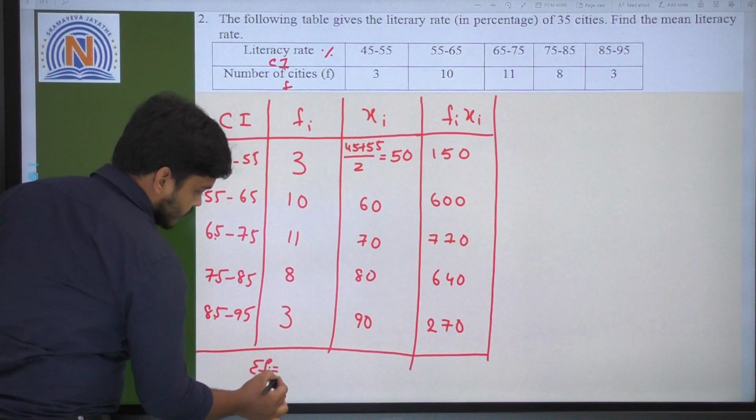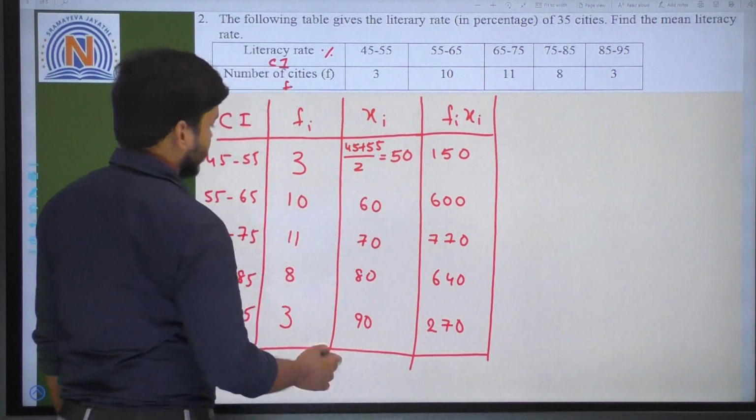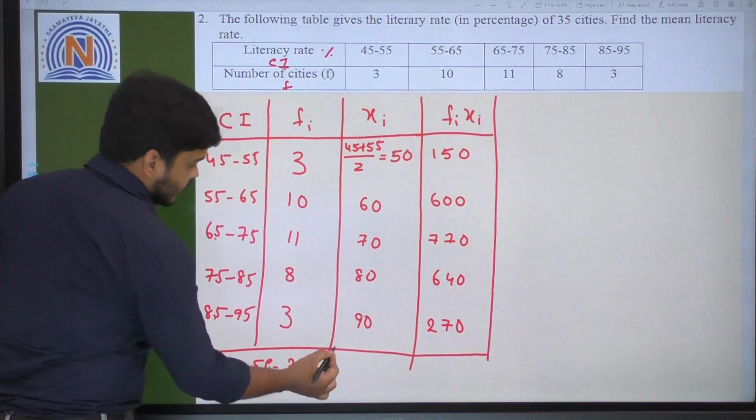Sigma fi is the total number of cities. How many cities do we have? 3 plus 10 plus 11 plus 8 plus 3 is 35 total cities.